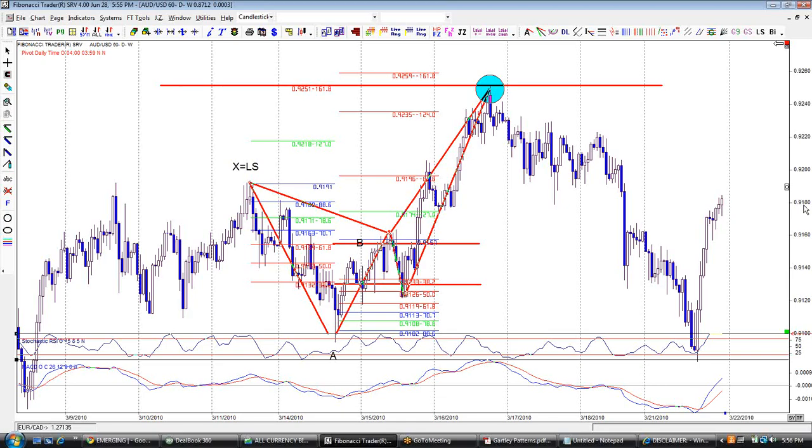I don't use stochastics or RSI so much, you see it on my charts, but I would use more MACD divergence. I primarily use daily pivots. This was the question, if I prefer daily or weekly. I prefer daily pivots, and my pivots start at midnight Eastern Time.